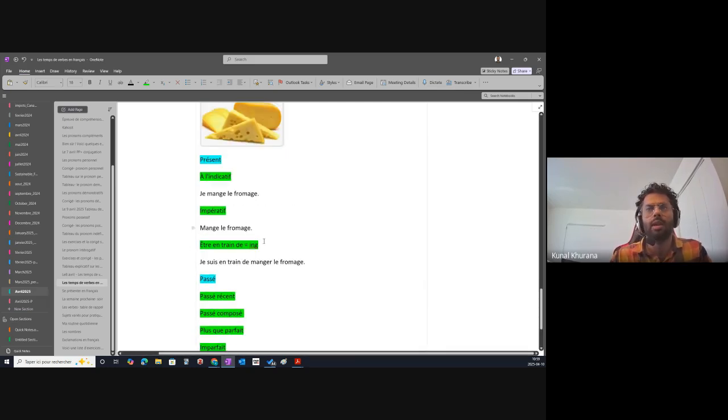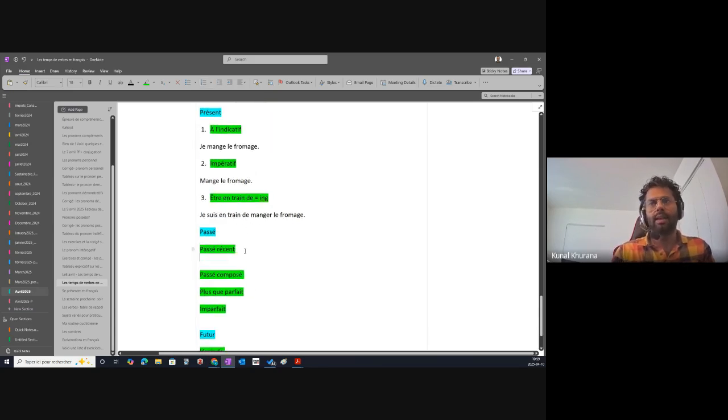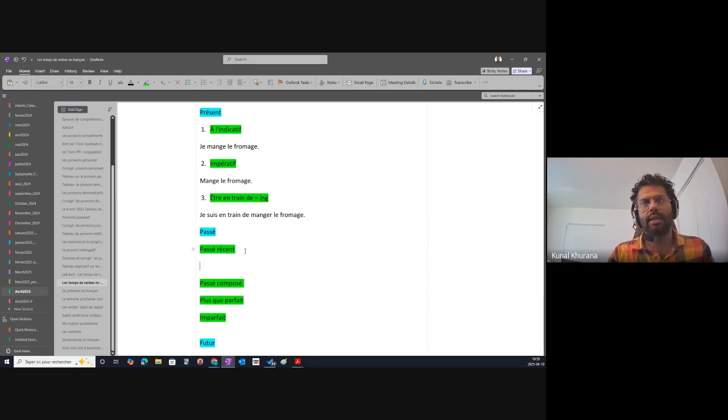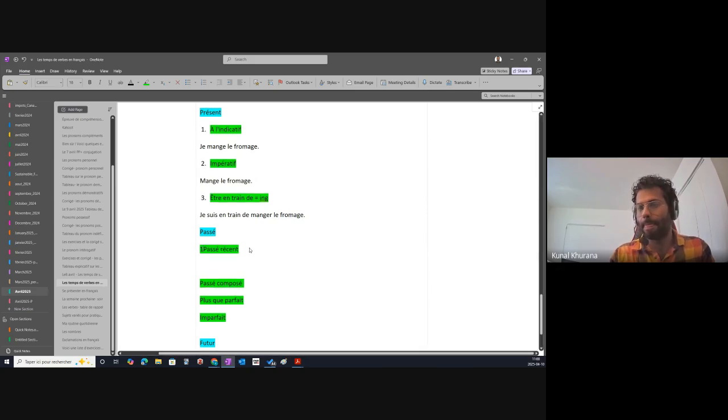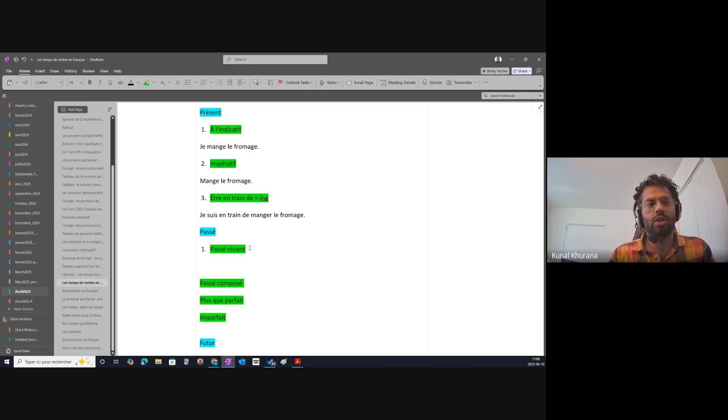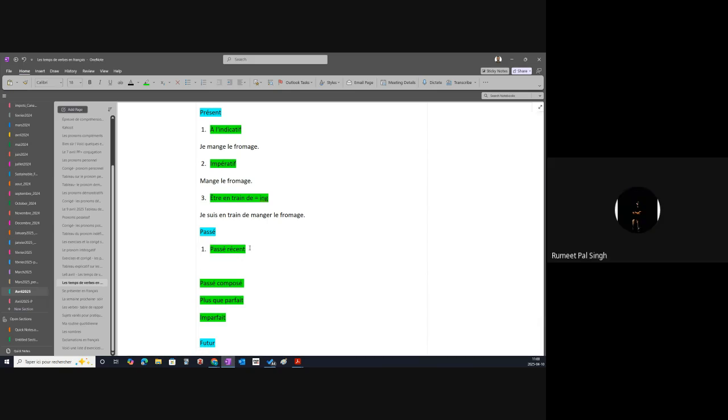Okay, so if you know this, guys, you can easily conjugate the verb in whatever tense you want to say. Okay, so passé récent, I think we have done that with venir. Okay, so please help me make a sentence with venir with the passé récent.